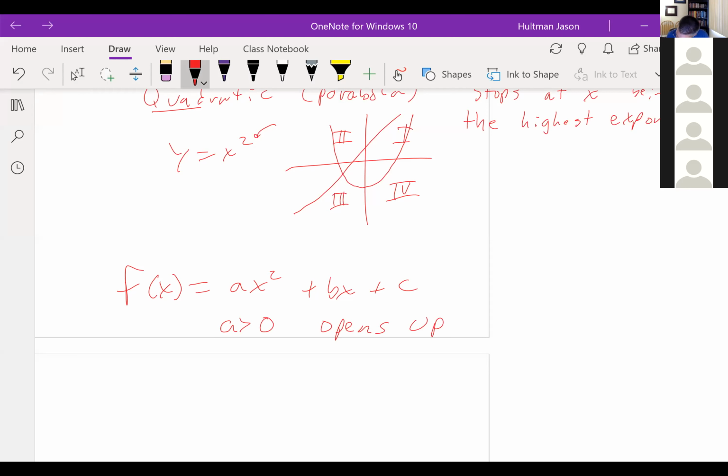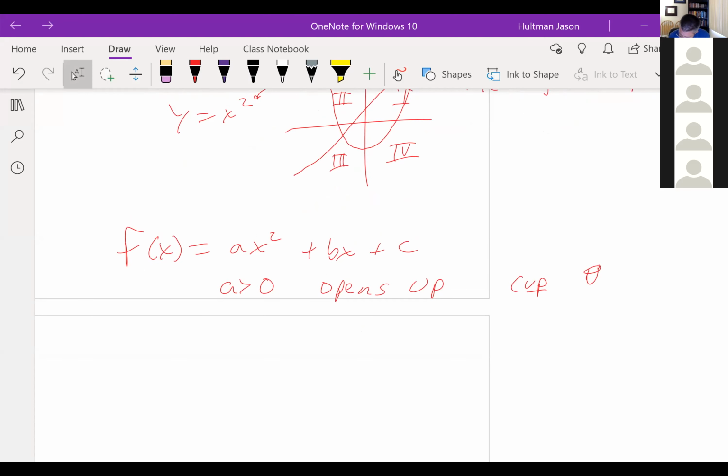Up, like a cup, right? The cup opens up like that. See, there's my quadratic. It's like a cup. Whoosh. Opens up. Cup, up, get it? Okay, it's a cup, opens up, boom.